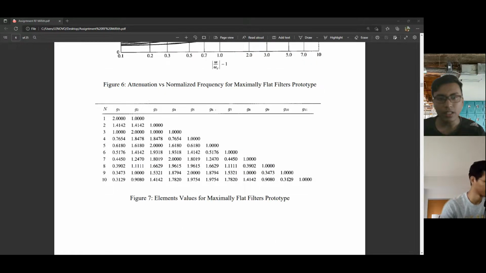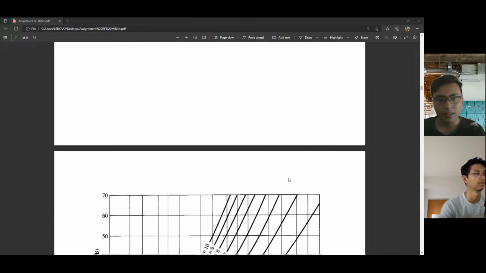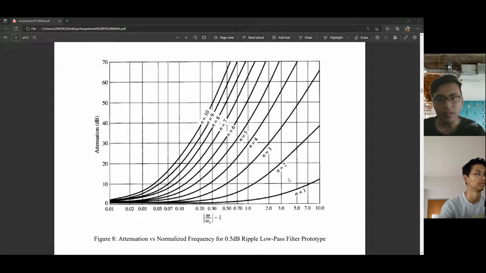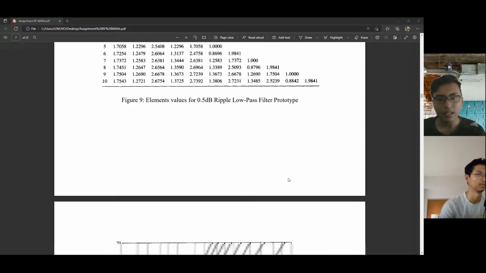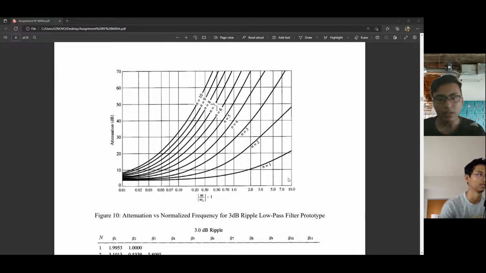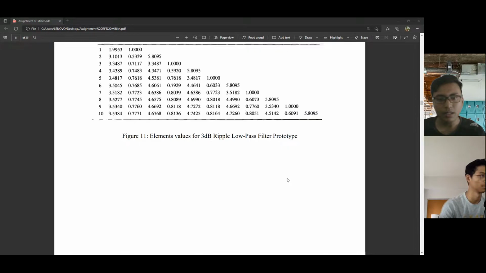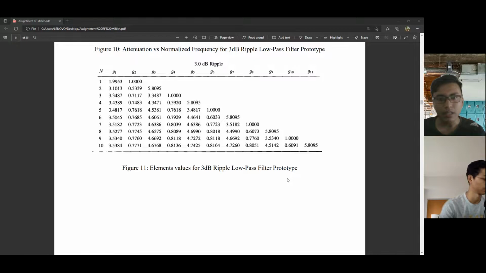This is for the maximally flat filter table. The same, this is for 0.5 dB ripple, and this is its table. And this is for 3 dB, and the table.